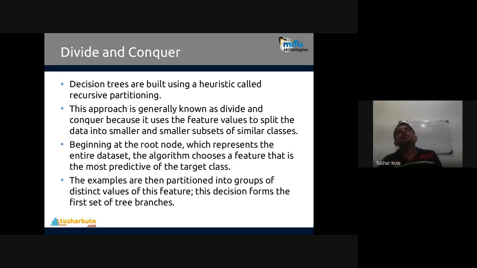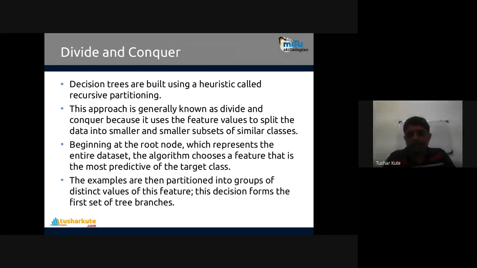Fine. This strategy is a divide and conquer method. Maybe in algorithms we have studied the same. Decision trees are built using a heuristic approach called recursive partitioning. Partition, partition, partition continuously. Partitions, blocks and groups are created, and based on that you build the model.